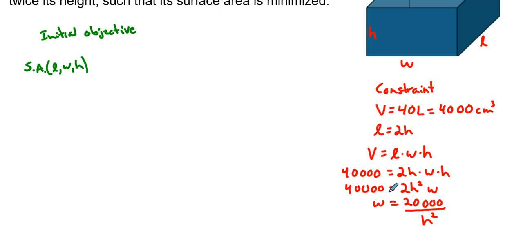Now you can see we've already got a way of eliminating width, and we have a way of eliminating length in this equation. So typically what we have here is 2 times length times width, plus 2 times height times width, plus 2 times length times height. And that covers all 6 sides.